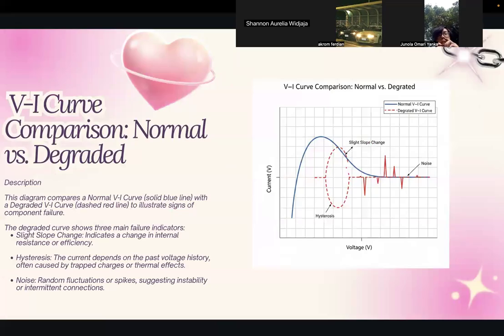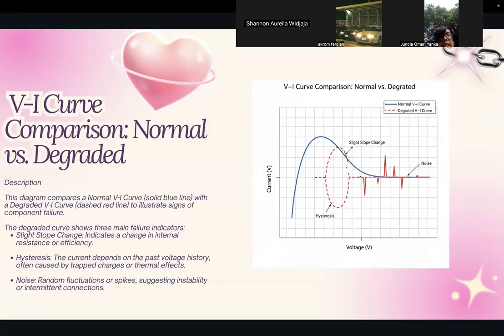So we see here the VI curve in comparison with the normal and degraded. The blue line is the normal VI curve and the red dashed line is the degraded semiconductor device curve. We see that there is a slight slope change within the red curve as compared to the blue curve. And then there's the presence of hysteresis, since the current depends on past voltage history.